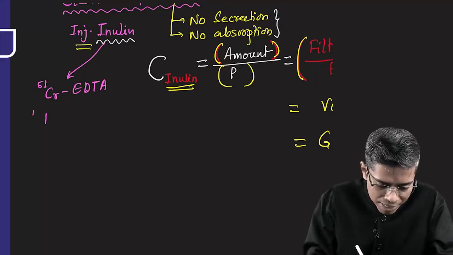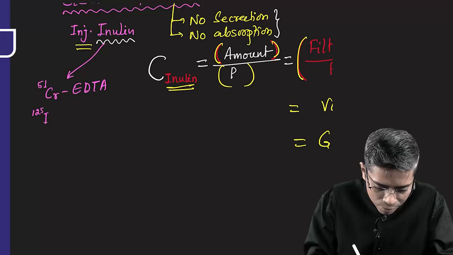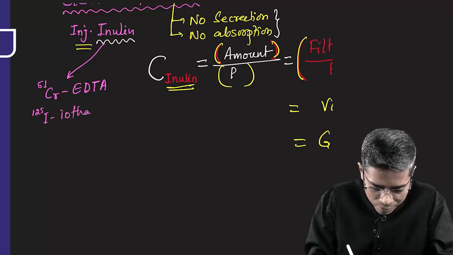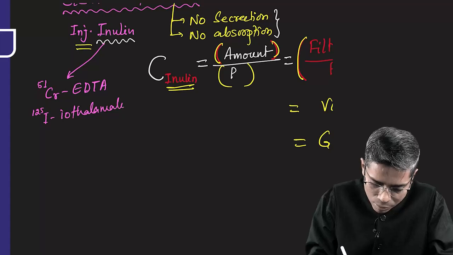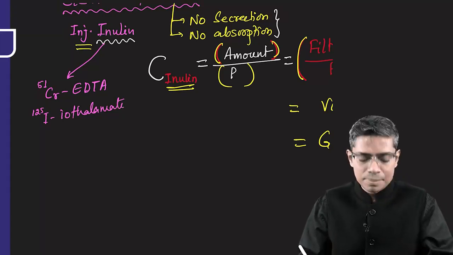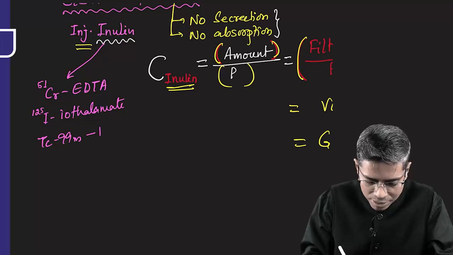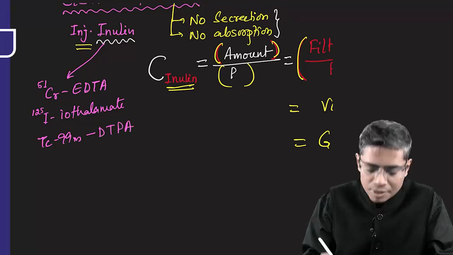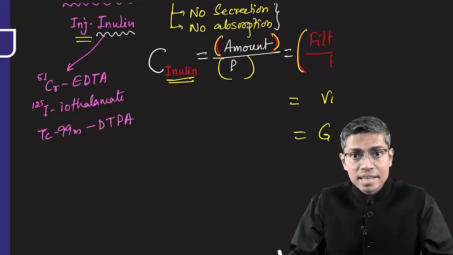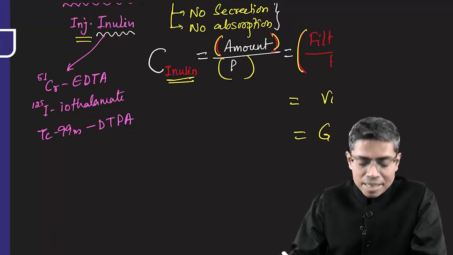Not only that, iodine 125 tagged with iothalamate can also be used for measurement of the GFR. Not only that, technetium, Tc-99, you must have heard this name, DTPA, diethylene triamine pentaacetic acid.